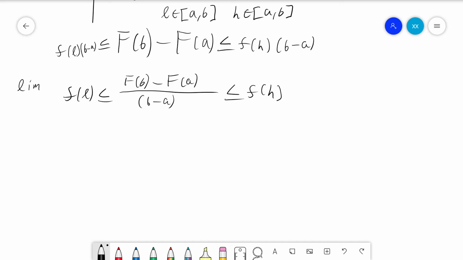We will take the limit as B approaches A.